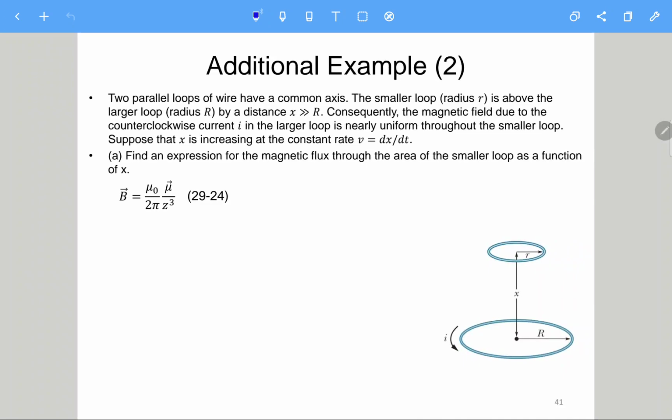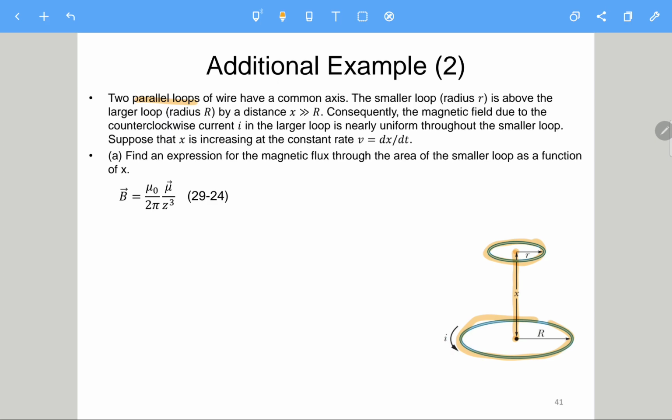So here we have another additional example. We have 2 parallel loops of wire that have a common axis. Which means that these 2 circles are on two different planes which are parallel to each other. And if you connect the centers, then this line will be perpendicular to these two planes.